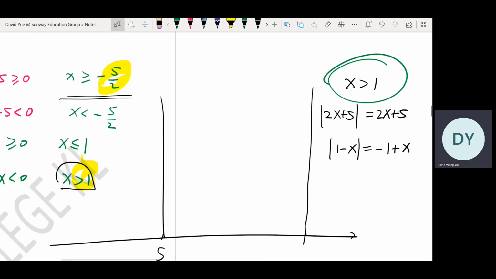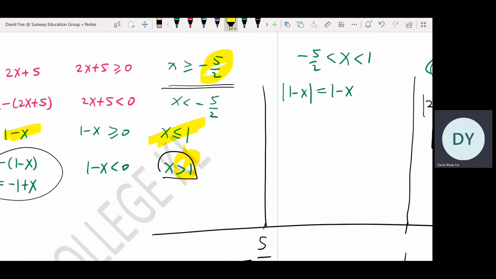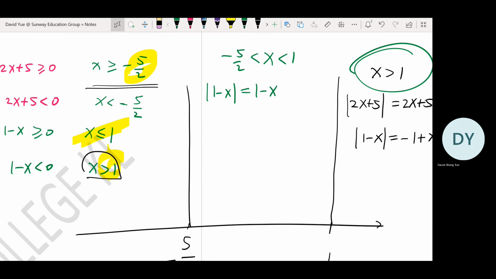Now let's look at the middle. In the middle is x in between minus 5 over 2 and positive 1. In this case, when x is less than 1, 1 minus x is just 1 minus x. And this one is also still itself, because x is still greater than minus 5 over 2.